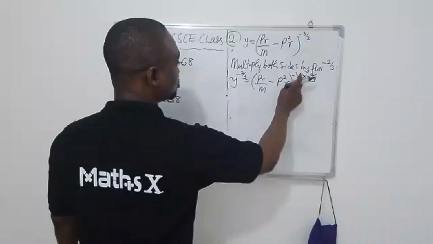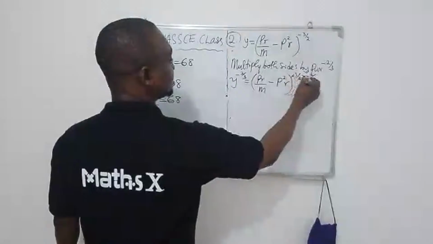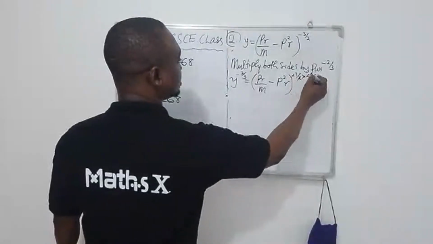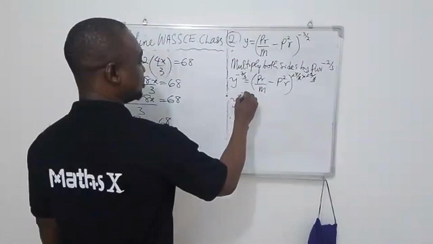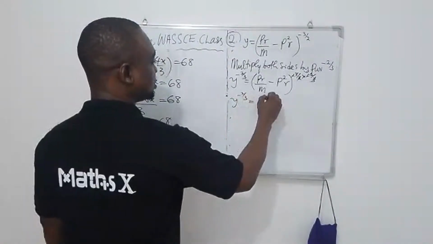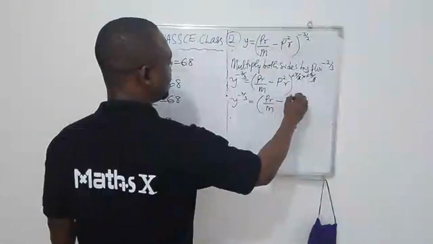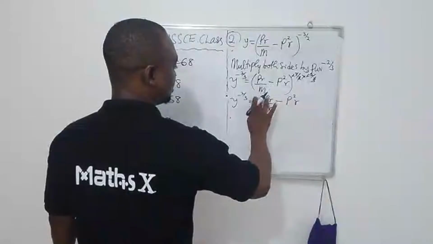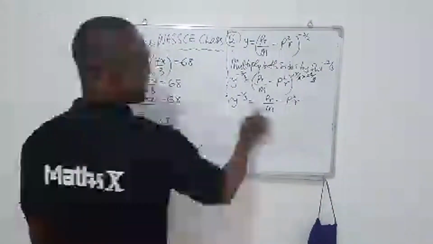So minus 3 over 2 times minus 2 over 3. This way the minuses cancel. The 2 cancels the 2, the 3 cancels the 3. So I end up having y to power minus 2 over 3 equals PR over M minus P square R. This way, no more brackets. And we want to make R the subject.